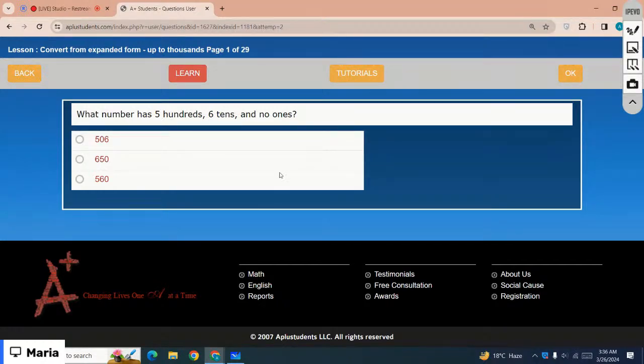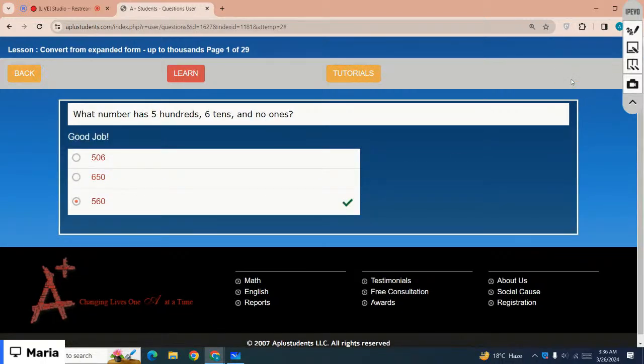How is it 560? No ones means zero is at the ones position, 6 is at the tens, and 5 is at the hundreds. That is 560, right?